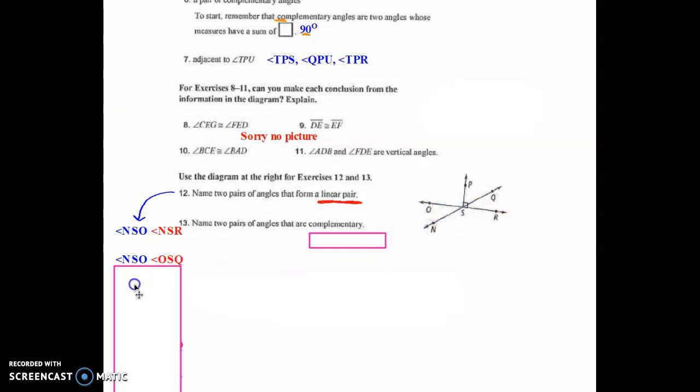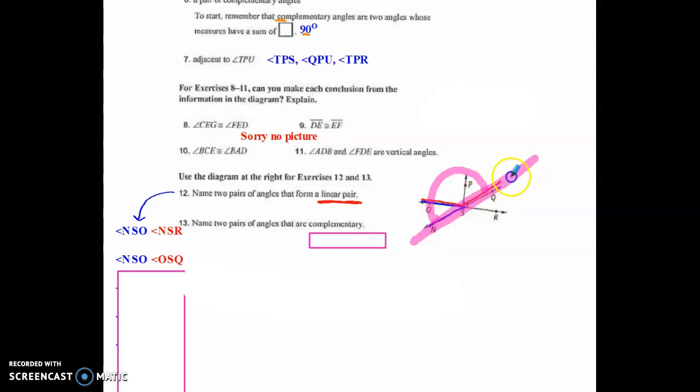Let's go down. Let's look at this blue one. NSO, right there. And the red one is OSQ. Look, they form a line. Look at that, a straight angle. Here's my line. Perfect.